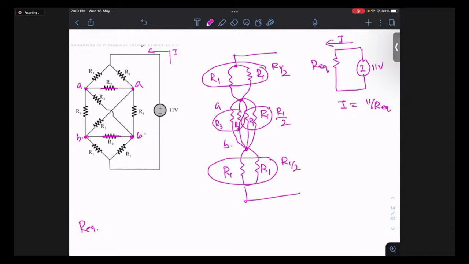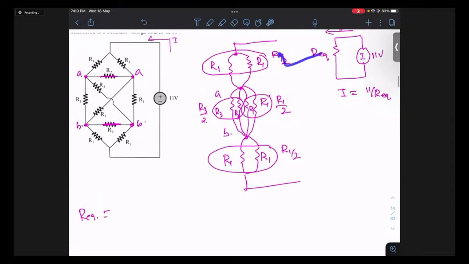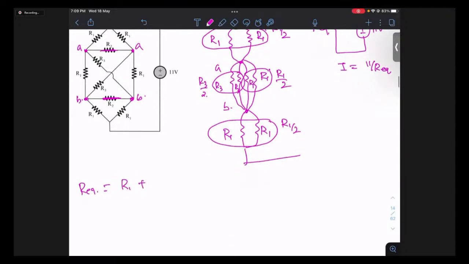R3, R3 parallel, you get R3 by 2. So R equivalent is the combination of this and this, R1, plus R1 by 2 in parallel with R3 by 2.